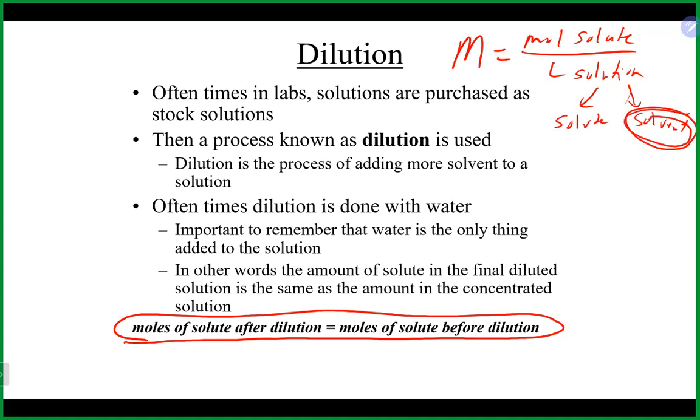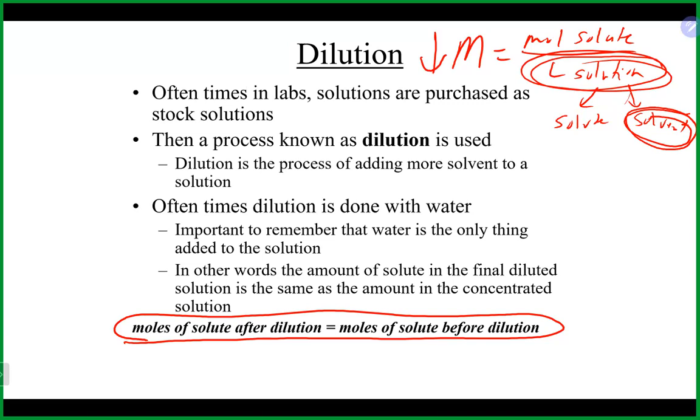If we look at the molarity equation, the bottom number is going to get larger. And when you divide by a larger number, your molarity will go down. So that is why the molarity goes down, because you're adding more solvent, increasing the volume of the solution, and that brings down your total molarity.